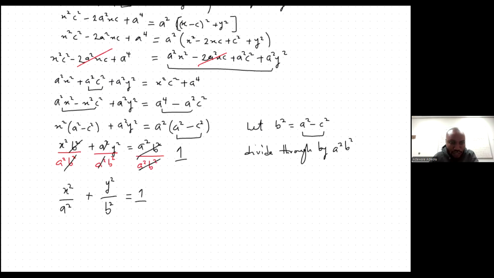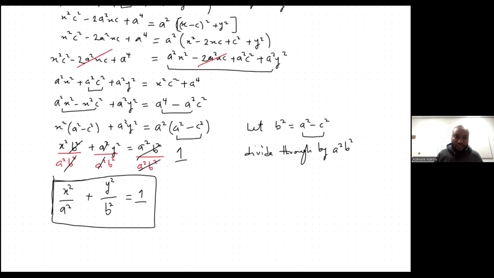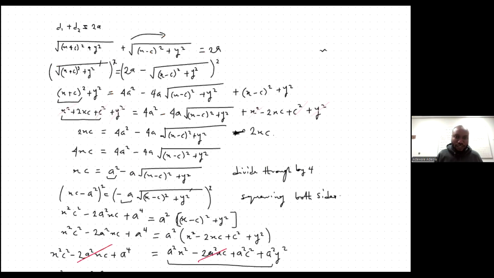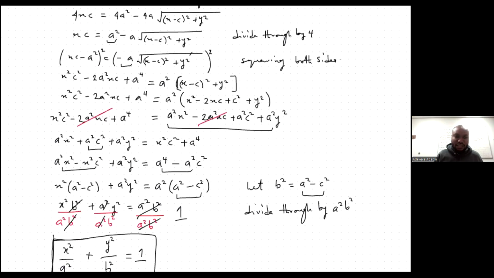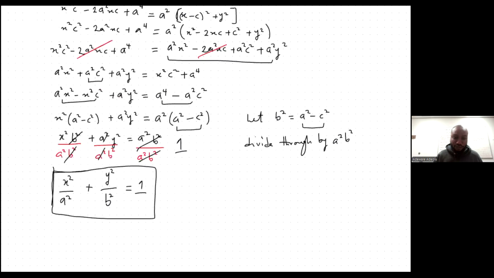And then we say this is the equation of an ellipse, the standard equation of an ellipse. And so the proof is quite long. That is why I did not do it in class and just put it in video so that you can just learn it for your knowledge.